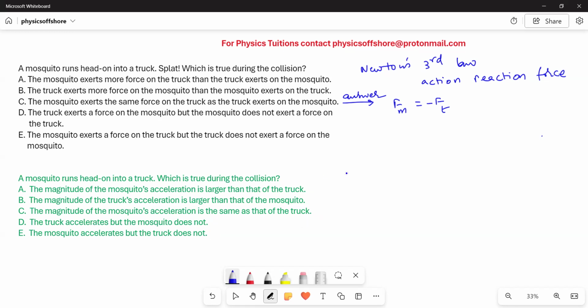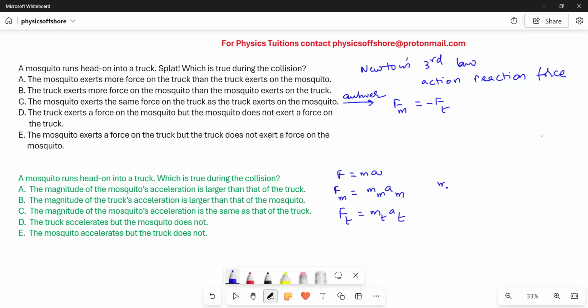Here, we know F = ma, Newton's second law. So F mosquito is equal to the mass of the mosquito times the acceleration of the mosquito. Similarly, F truck is equal to m truck times a truck. But the magnitudes of both forces are the same.